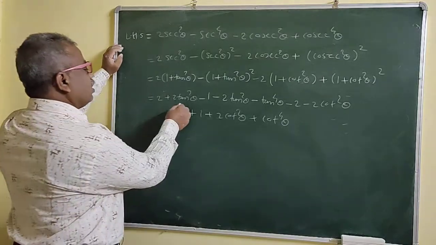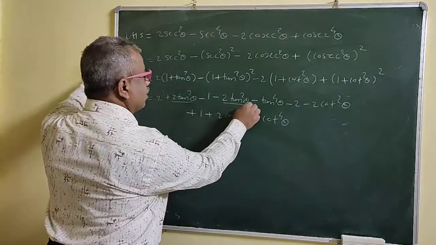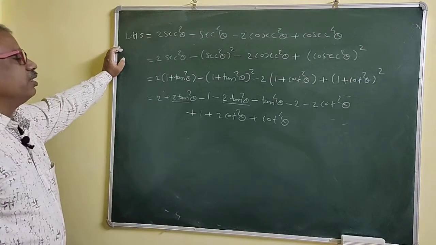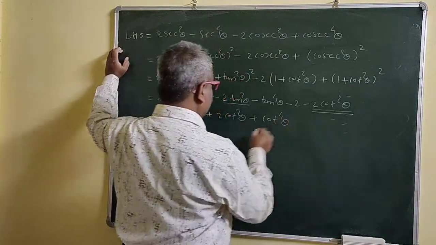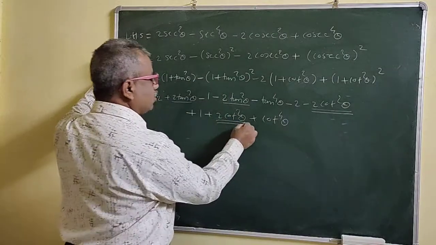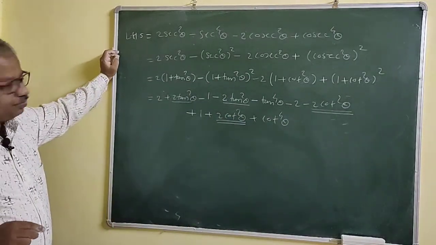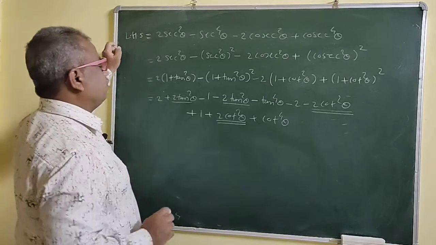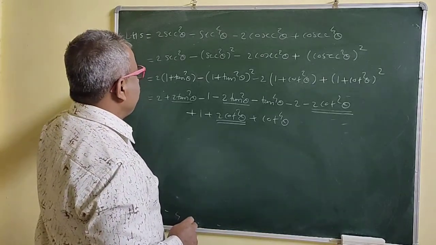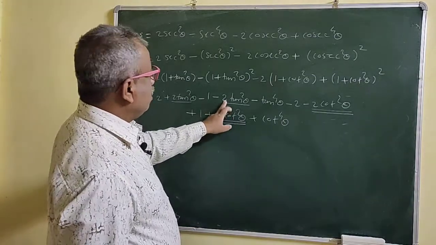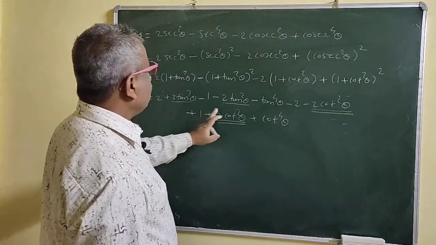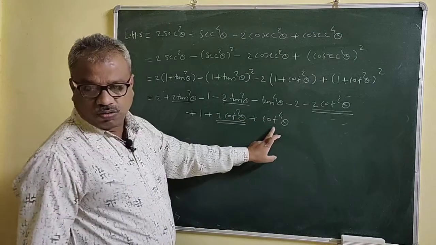So now 2 tan square theta, this is 2 tan square theta, right? Gets cancelled. Now this is minus 2 cot square theta, this is plus 2 cot square theta, so gets cancelled, right? And constants get cancelled. Only these two terms remain: minus tan to the power 4 and cot to the power 4.